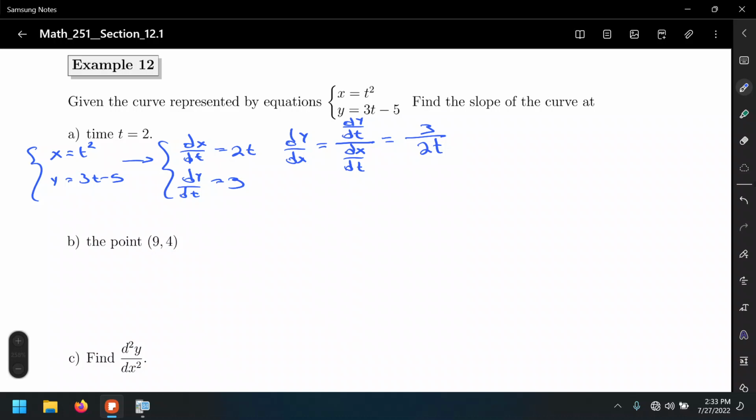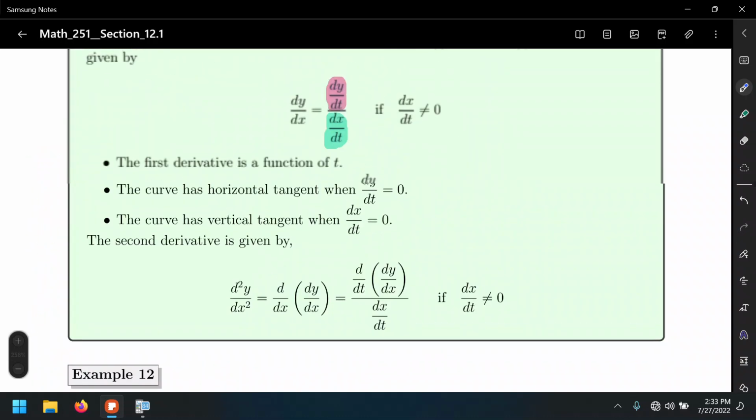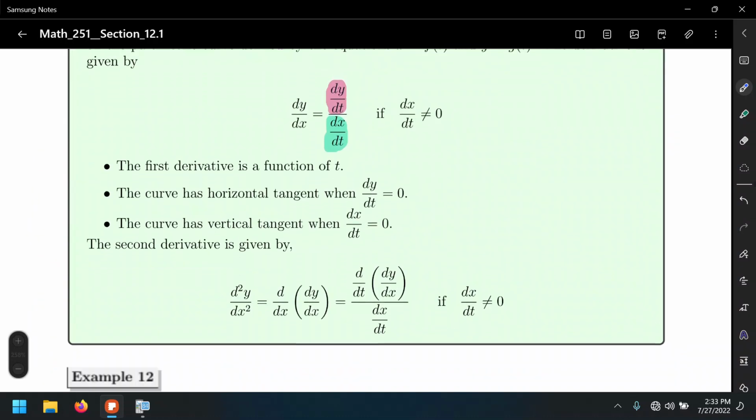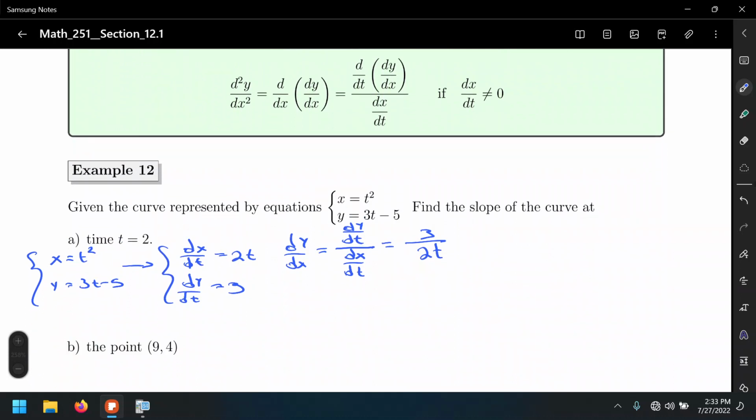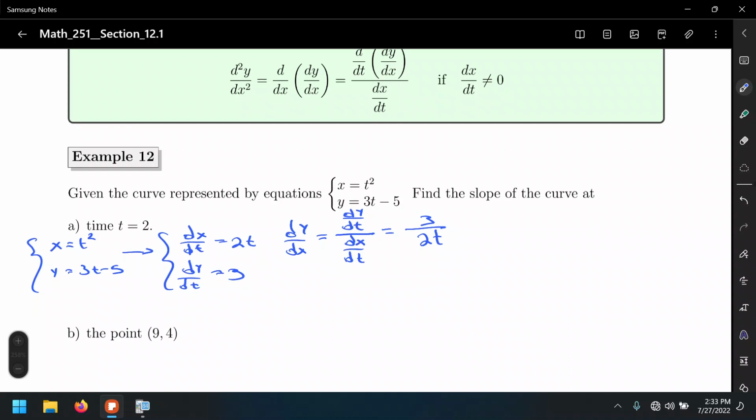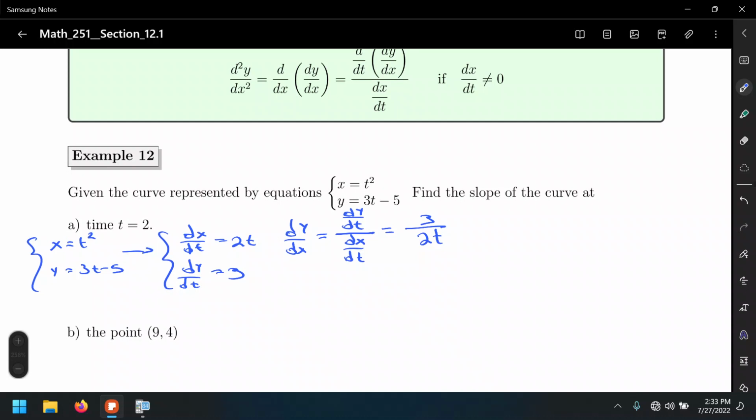Does the order matter? Right here I said dy over dx. So dy dx equals dy dt over dx dt.